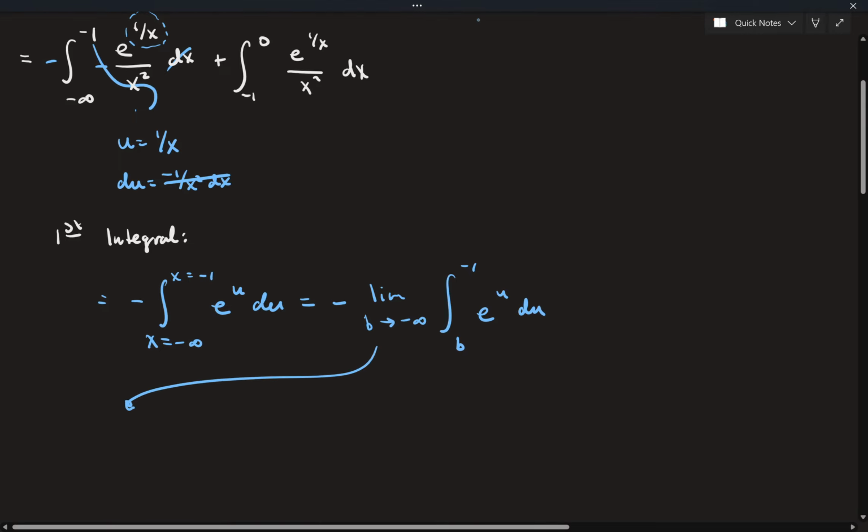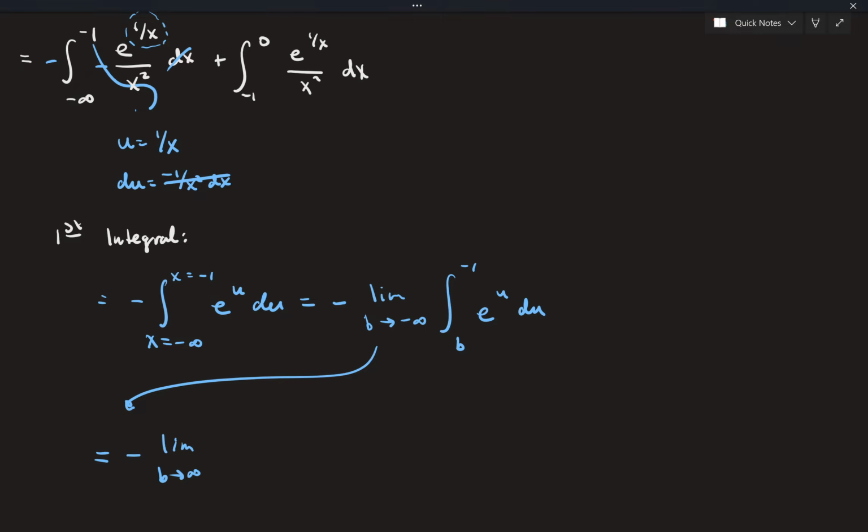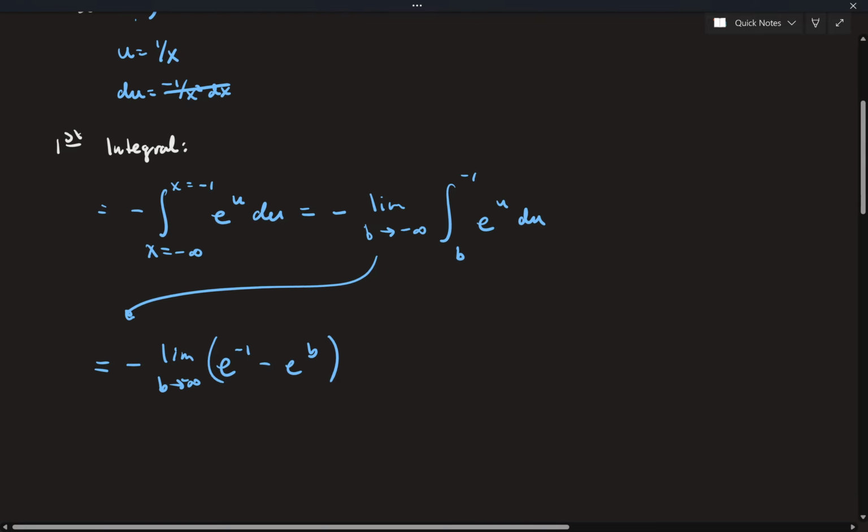And that, I'm going to just draw an arrow. That's negative limit, b goes to negative infinity. E to the u goes to e to the u, same antiderivative. And I've got e to the minus 1 minus e to the b. And then b is going to negative infinity here.